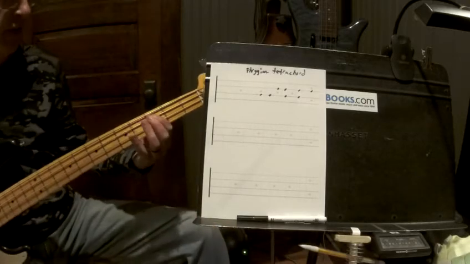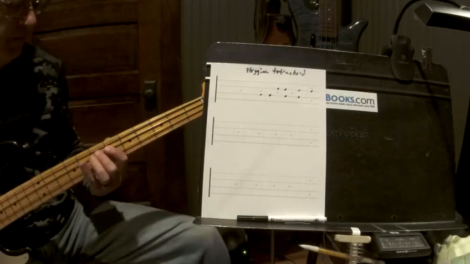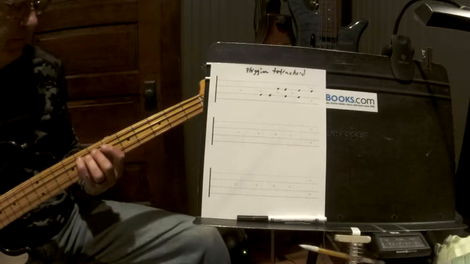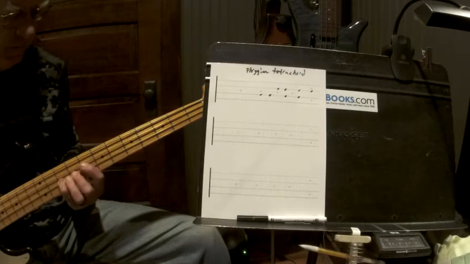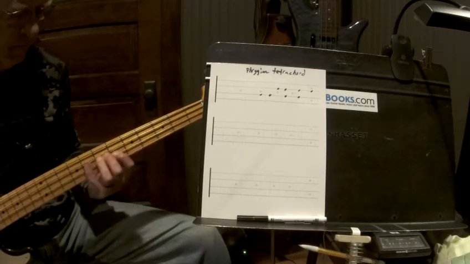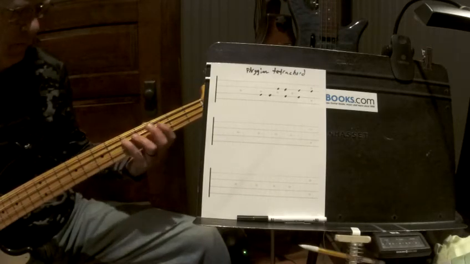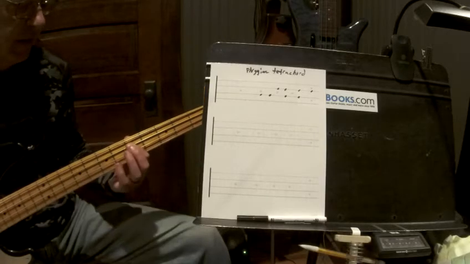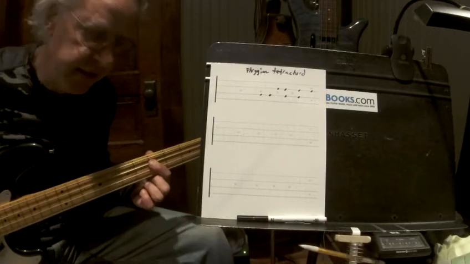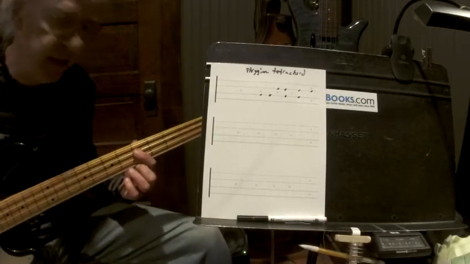So we have C major. But what if you start on D? That's the second note in the scale. Well, now you're going to be in Dorian mode.